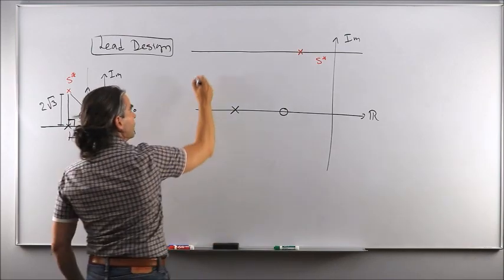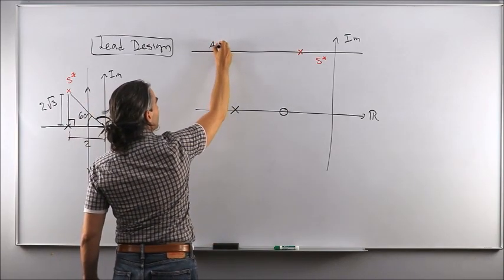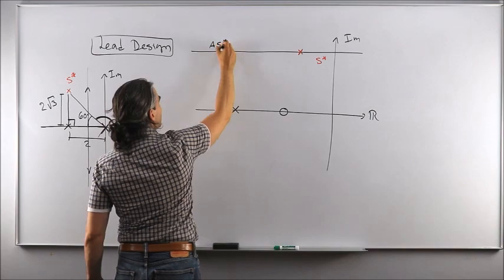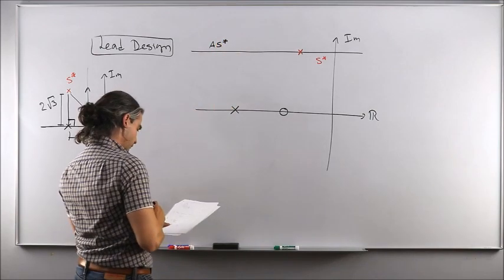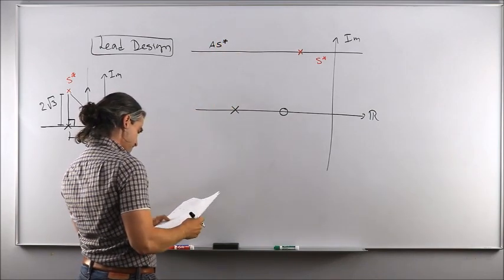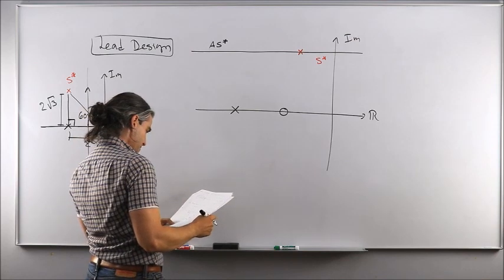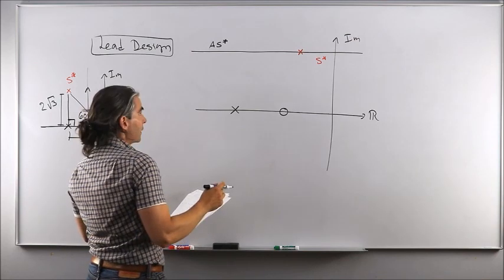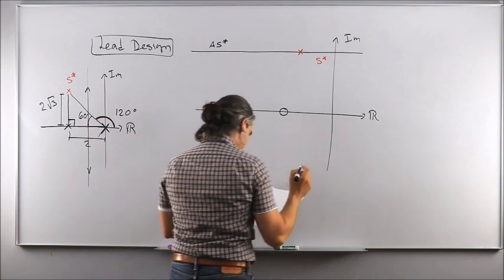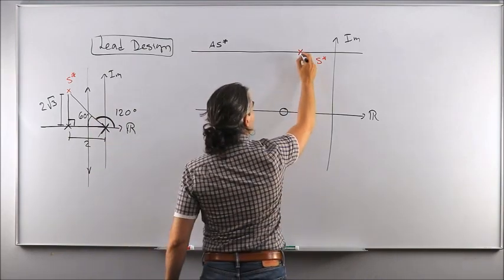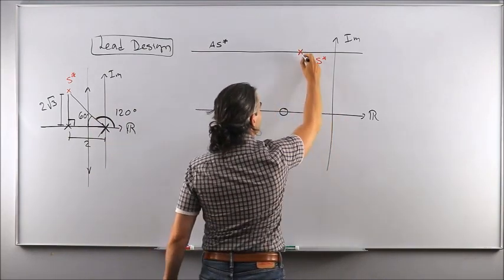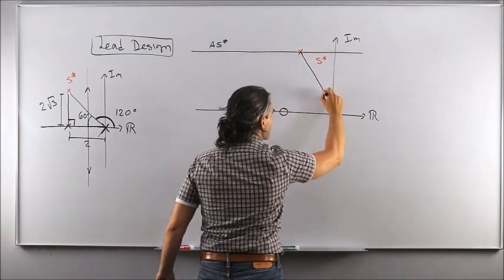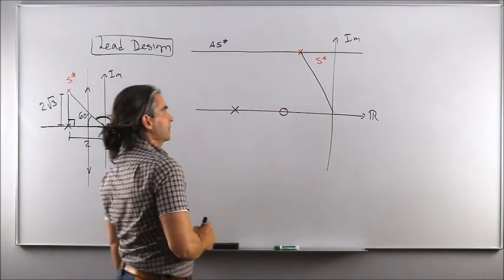And I'm going to call this line A S star. Okay? And then in the second step, I'm going to draw a line from S star right back to the origin of the complex plane.